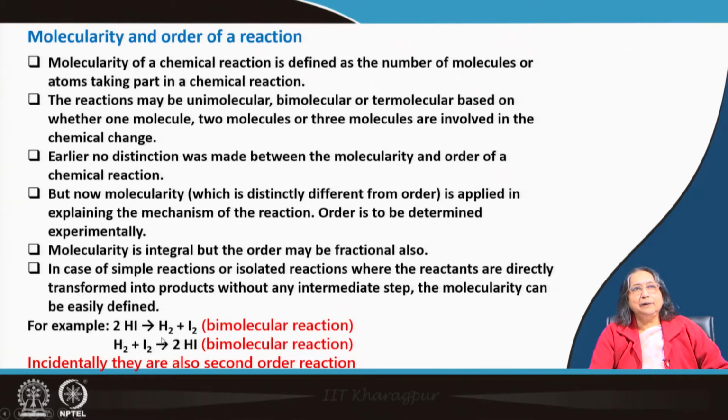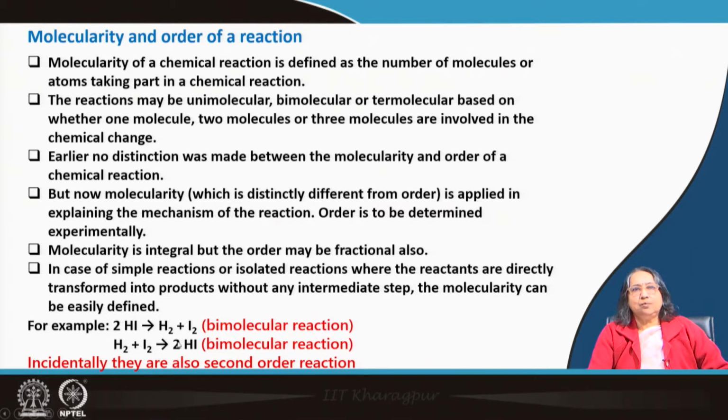For example, take the simple decomposition of hydroiodic acid, where two molecules of HI produce one molecule of hydrogen and one molecule of iodine. You can easily tell that this is a bimolecular reaction.